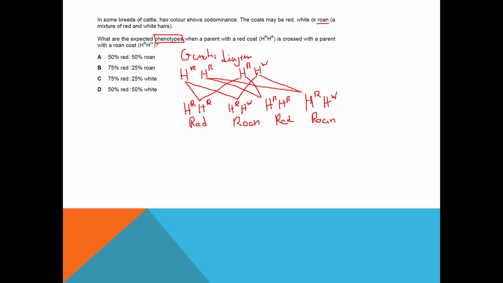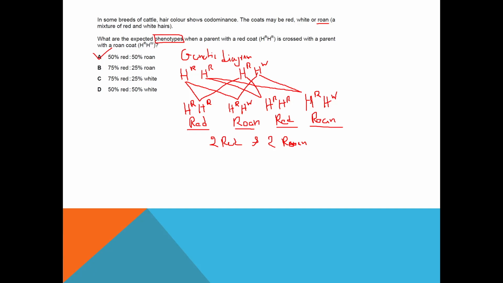The question asks, what are the expected phenotypes when a parent with a red coat is crossed with a parent with a roan coat? We can see out of the 4 offspring, 2 have red coats and the other 2 have roan. So 2 reds and 2 roans. That means half of all the offspring are red and the other half is roan. So obviously the answer is option A.